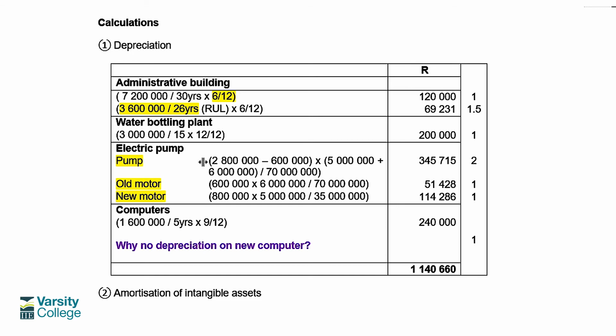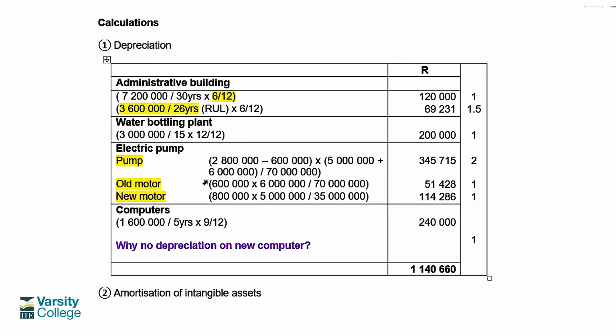So we subtract 600,000, and then we multiply this by the number of kilolitres produced in the current year, which was 5 million plus 6 million, divided by the total estimated useful life. So the cost, excluding the old motor, divided by 70 million times 11 million done in the current year. 345,715 is the depreciation on the pump, and 2 marks for that calculation. Not terribly difficult. You did it in second year.